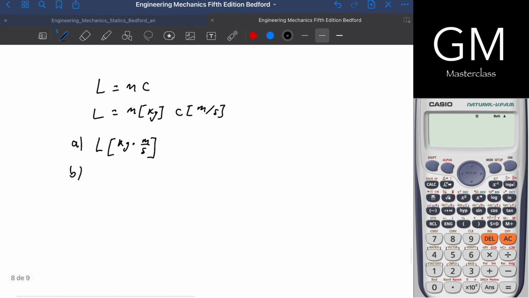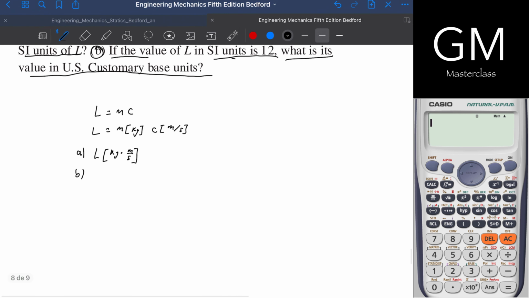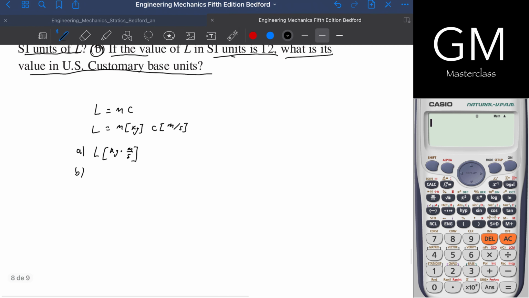Then the second part of the exercise: if the value of L in international system units is 12, what is its value in US customary base units?